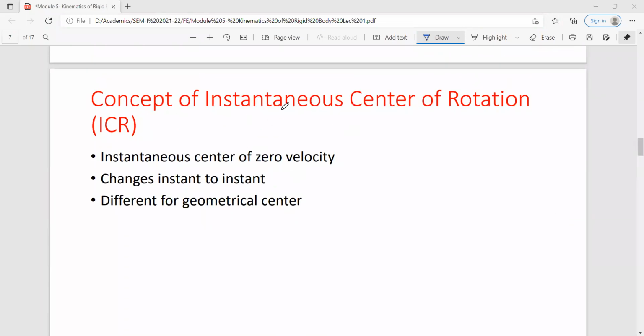So what is the concept of instantaneous center of rotation? As far as center of rotation is concerned, we already know it. Center of rotation, you know that it is the point about which a certain body rotates.